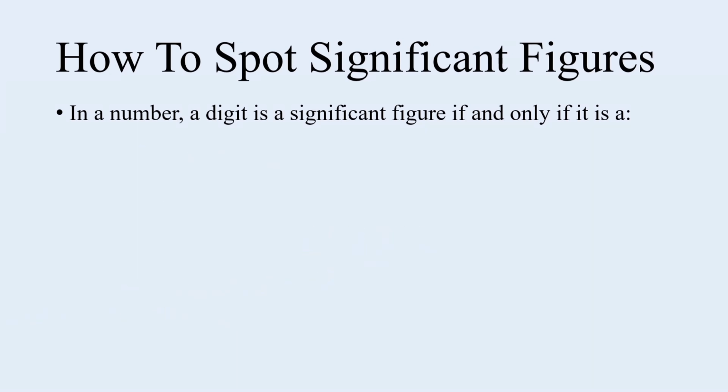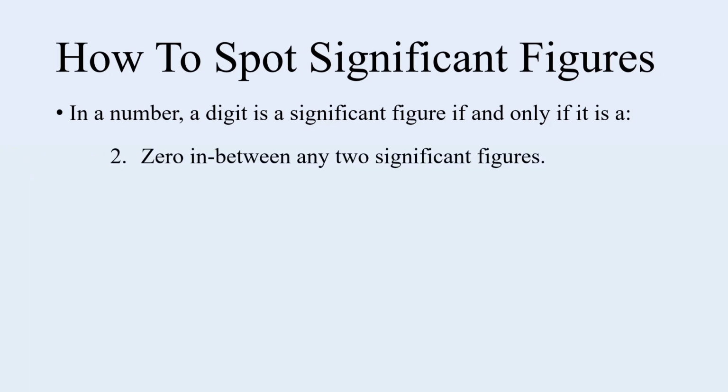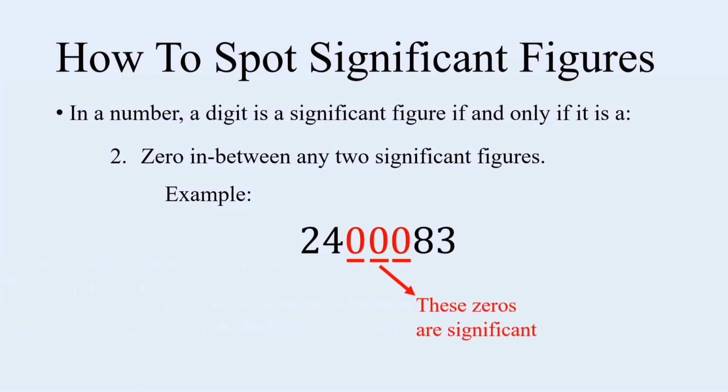A digit in a number is also a significant figure if it is a 0 in between any other two significant figures. So, for example, if we look at the number 2,400,083, we would see that the 3 zeros in between 4 and 8 are all significant figures.